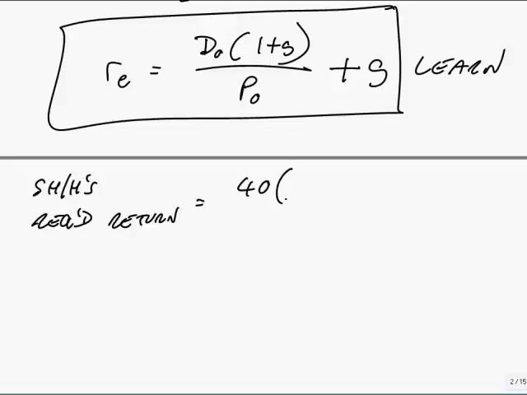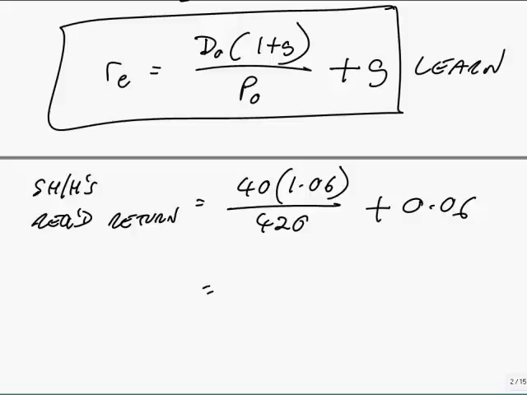It's times 1 plus G. Well, here the growth rate G is 6% a year, so times 1.06. Divided by P0. Remember the ex-div market value. And the market value here, 420 cents. Plus G, the growth rate, 0.06.